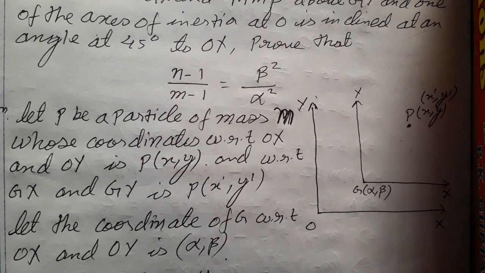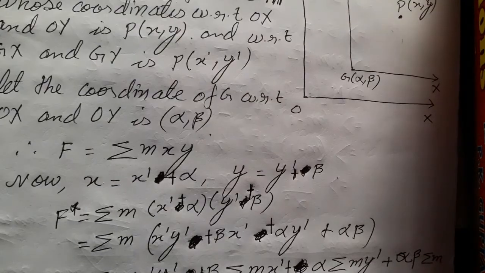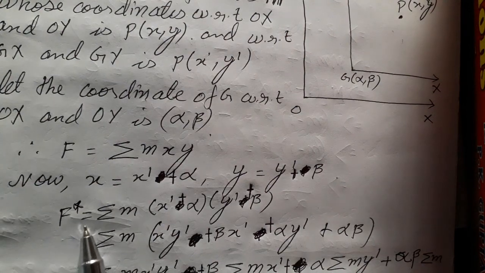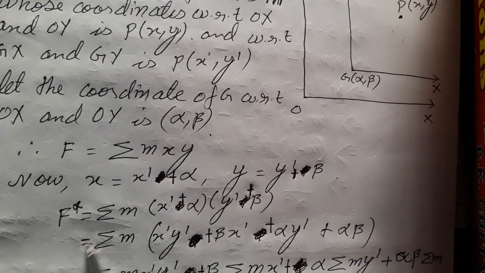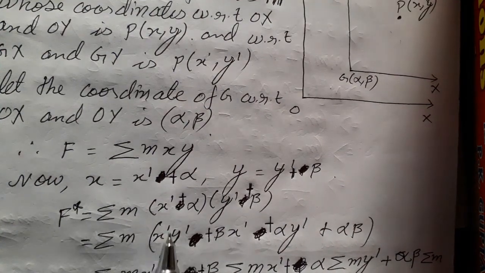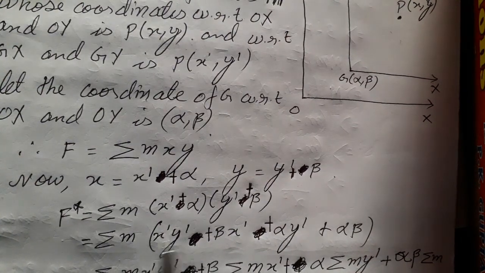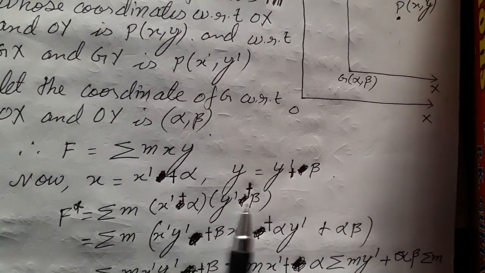So F star will be summation m x y. We put in the values, getting (x dash plus alpha)(y dash plus beta), and multiply these two.